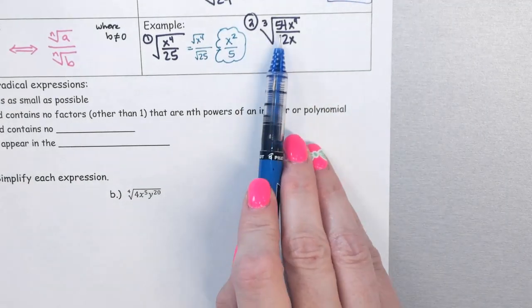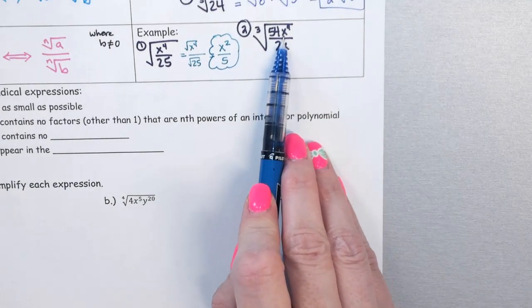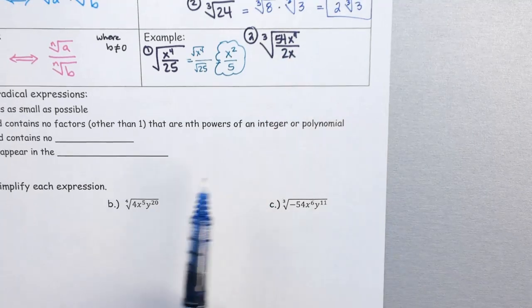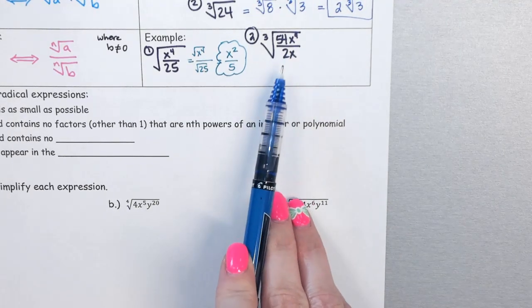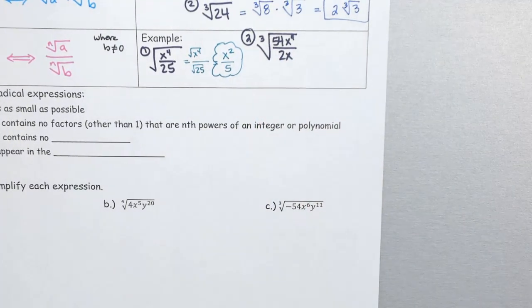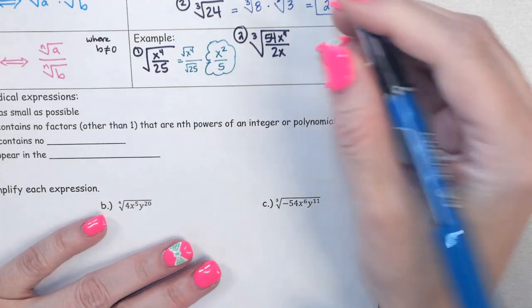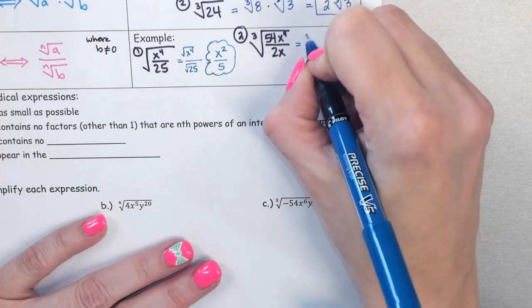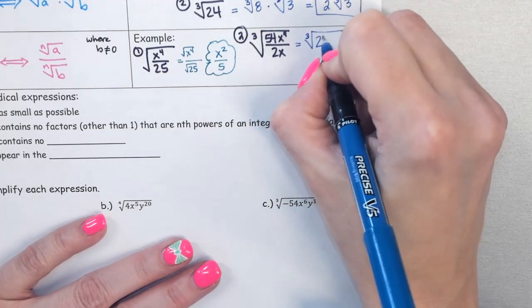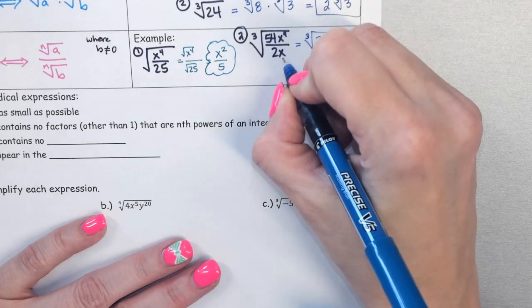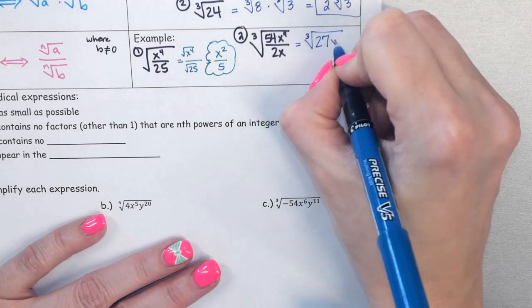So this is the cube root of 54, and then this is x to the 4th divided by 2x. Okay, so instead of splitting this up, if you have 54 divided by 2, what does that simplify to? Yep. Can you guys tell me what x to the 4th divided by x is? X to the 3rd. Great.